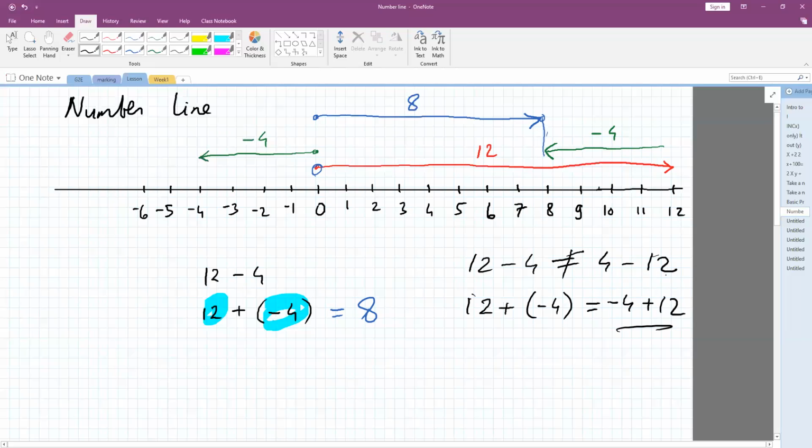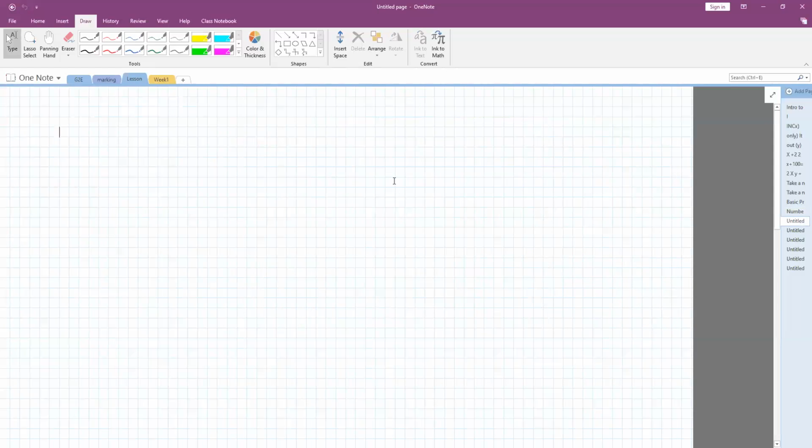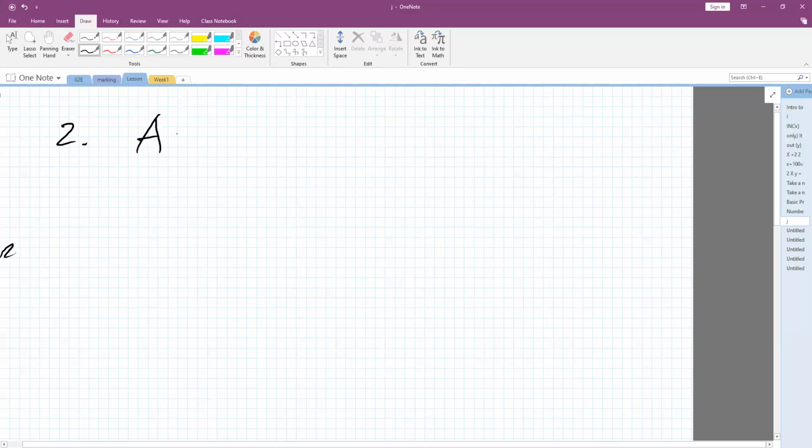The next property that I want to discuss with you is called the associative. This is number 2.